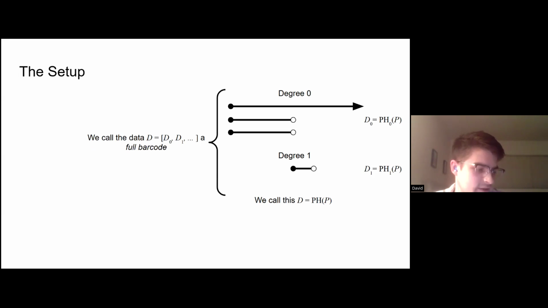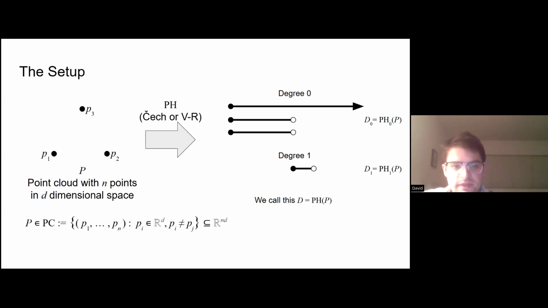So that's not standard language, but I just want to make the distinction between am I thinking about a collection of intervals describing one particular kind of hole, or am I thinking about all of them simultaneously? Okay, so that's what persistent homology is. That's some of the jargon.